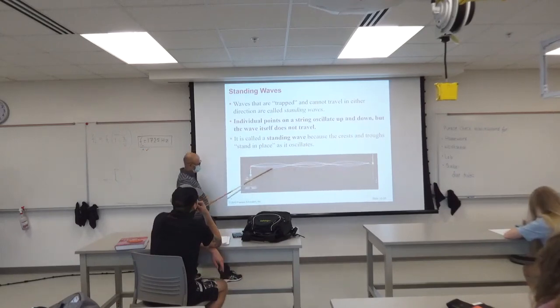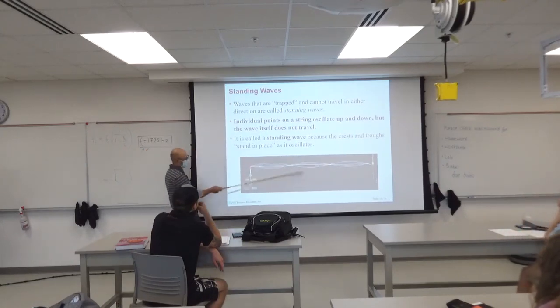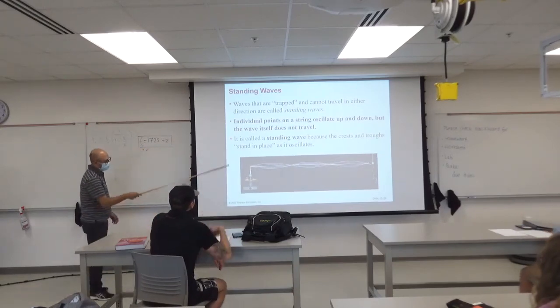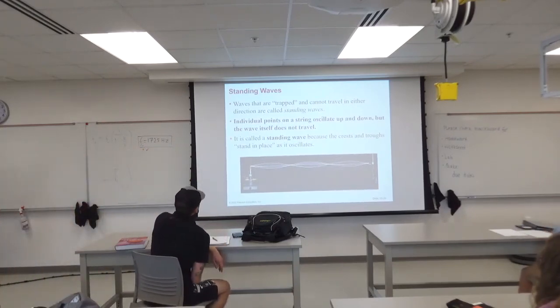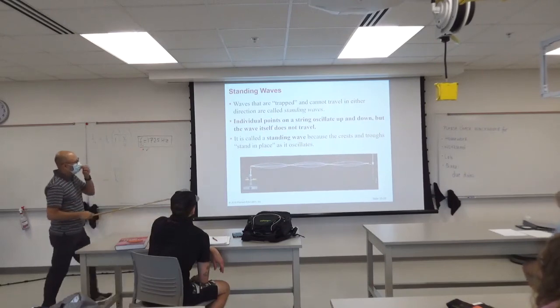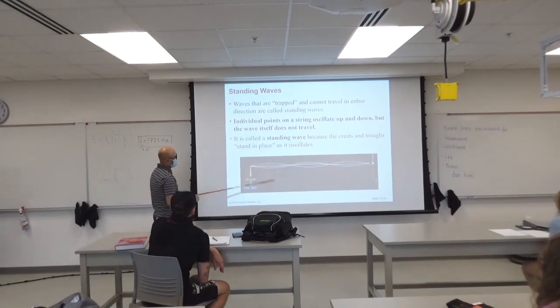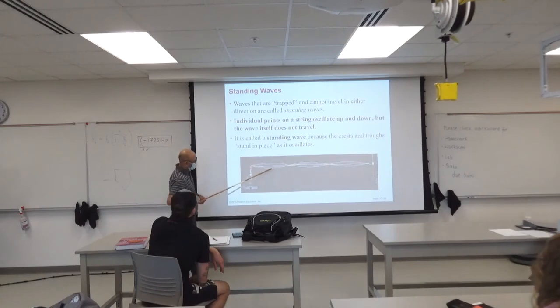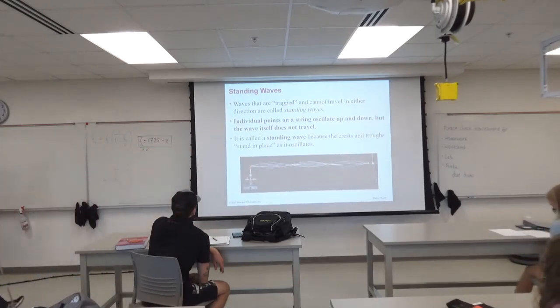So this is the medium, a string, and the string is moving up and down, but the wave itself is kind of still. It's called a standing wave because the crests and troughs stand in place. So this is the crest, and that's the trough. They will remain at the same point throughout the motion.